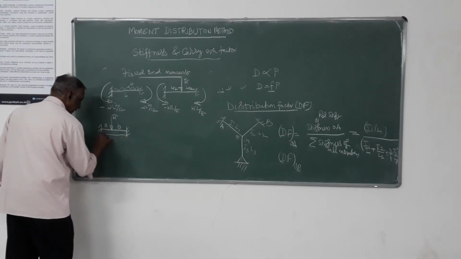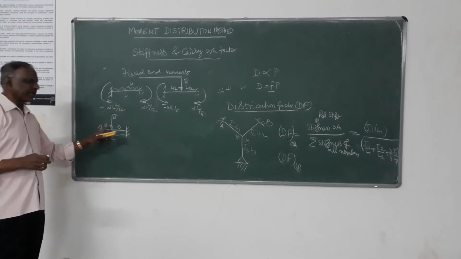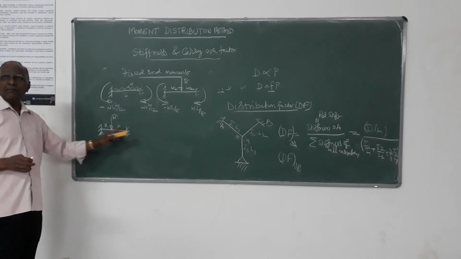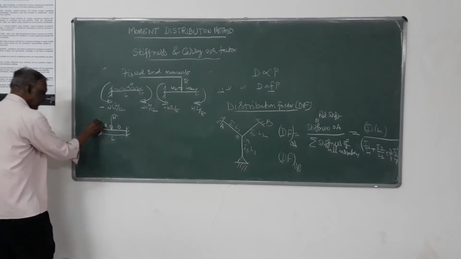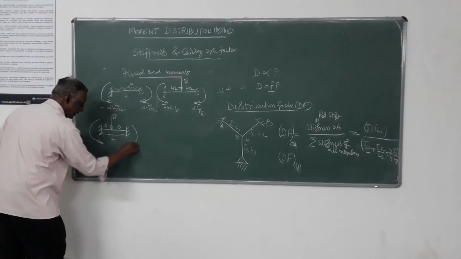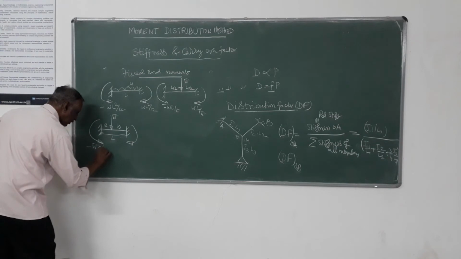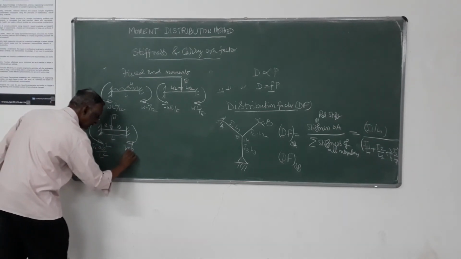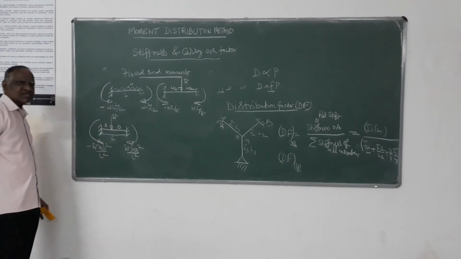This is called eccentric concentrated load. The concentrated load acts at a distance A from the left hand, B from the right hand, total length being L. In that case, the moment developed at this end is WAB squared by L squared. Here it will be WBA squared by L squared.